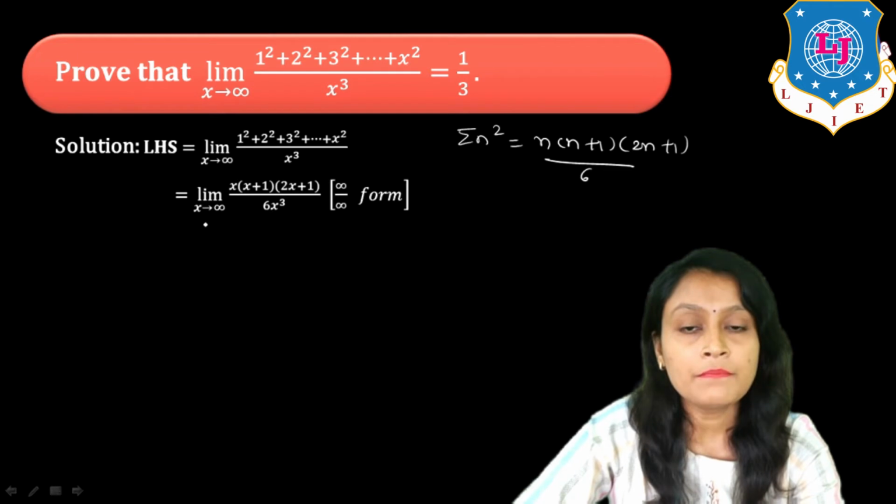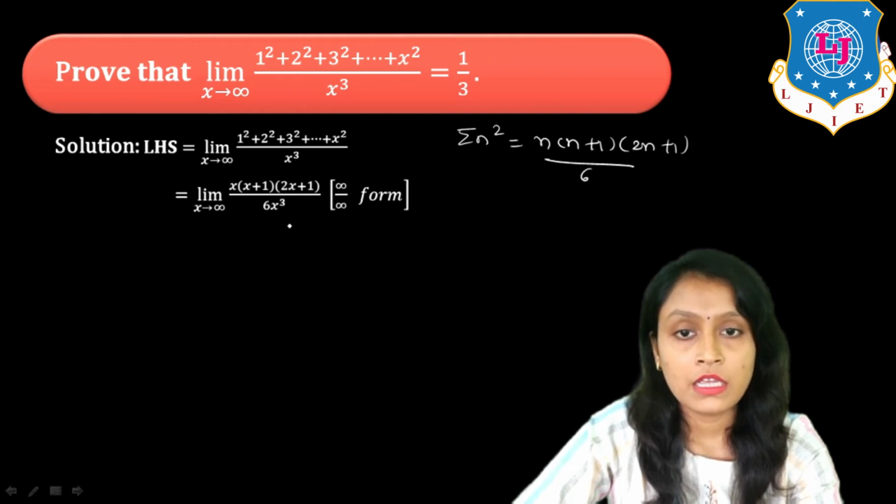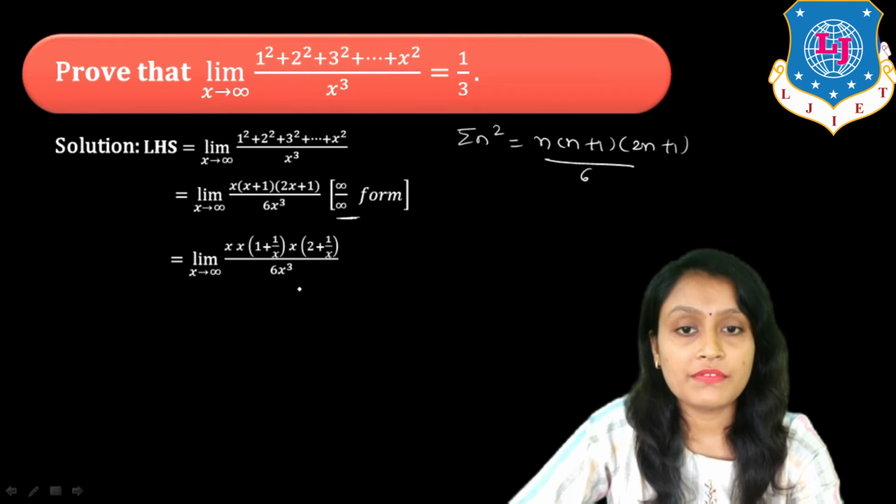So you will get limit x tends to infinity of x into x plus 1 into 2x plus 1 upon 6, and this x cube as it is. Now if you substitute x tends to infinity, you will get the form infinity by infinity. To simplify it further, we will take x common from both the brackets. The first x as it is, take x common from this bracket, so you will get x into 1 plus 1 upon x.